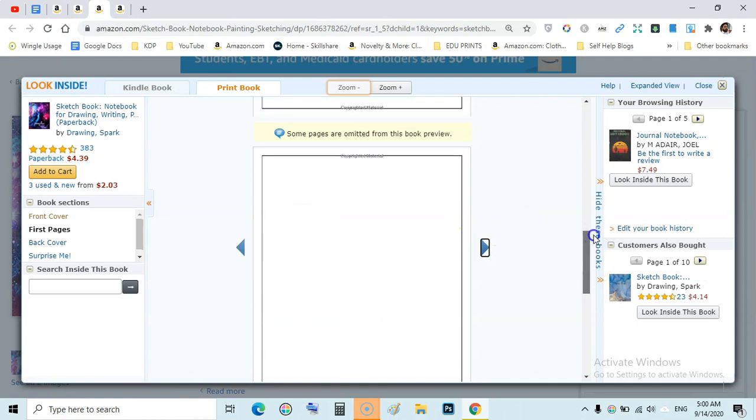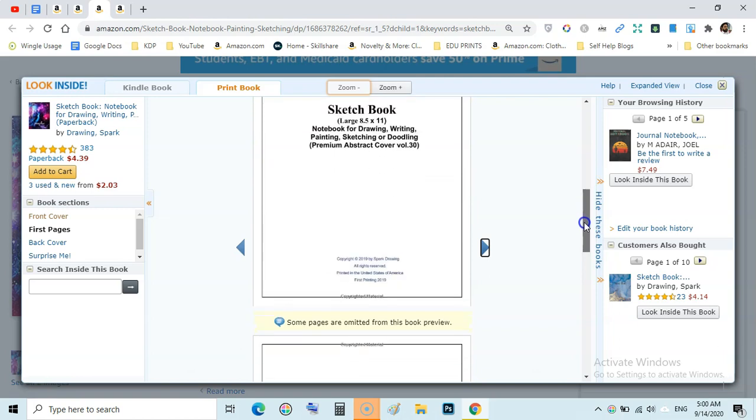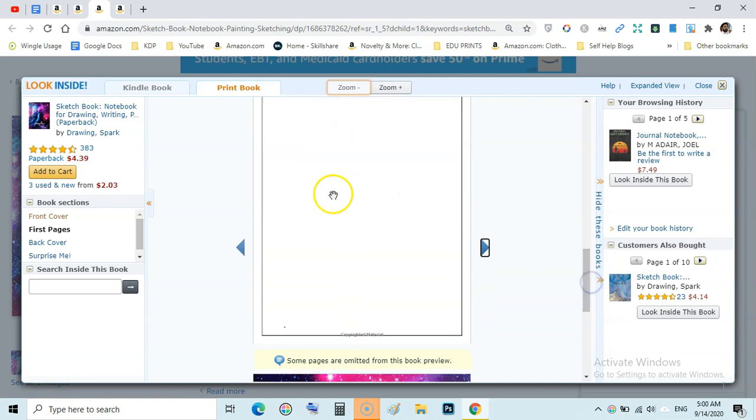You can see here the title sketchbook 8.5x11, and the sample page is a totally blank page, and there is an outline or box, because Amazon doesn't allow publishing totally blank pages. That's why they get a way around that and put a box or lines. So this is the second example of no content book, that is sketchbook.